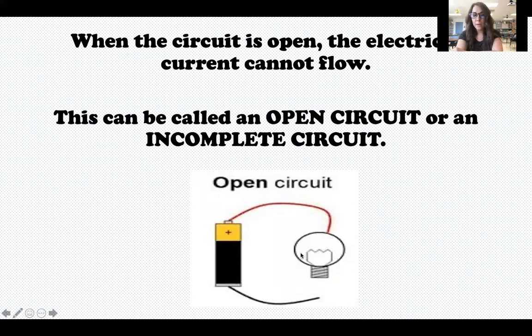Not sure what happened, but the electricity is not able to jump from here to here. It has to be a closed or a continuous path. So because this circuit is open or incomplete, the light bulb is not on. We have no way for the energy to get back to the battery to complete that circuit.